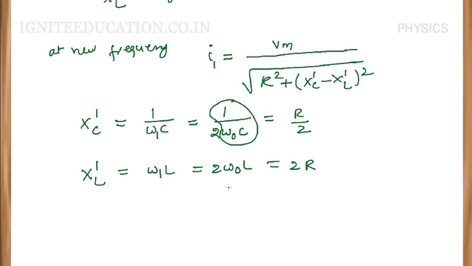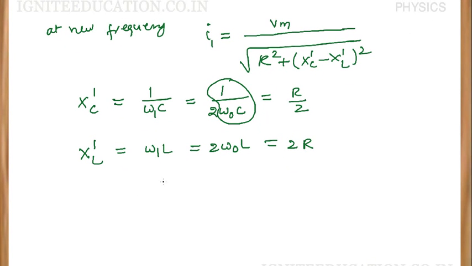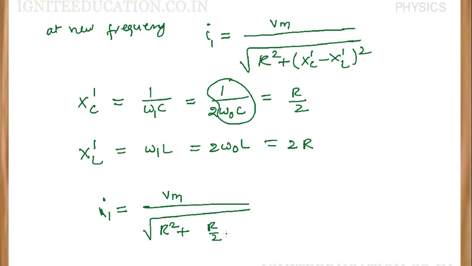I have got two expressions for XC dash and XL dash. So I am substituting these in the current expression. So I1 is equal to Vm by root of R square plus R by 2 minus 2R whole square.